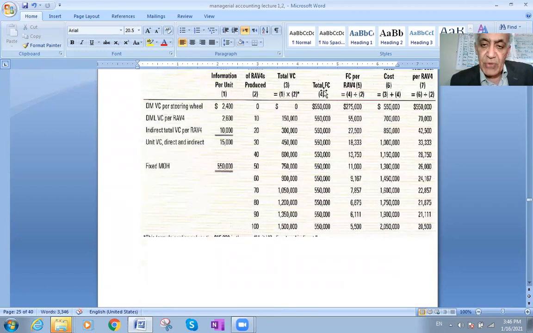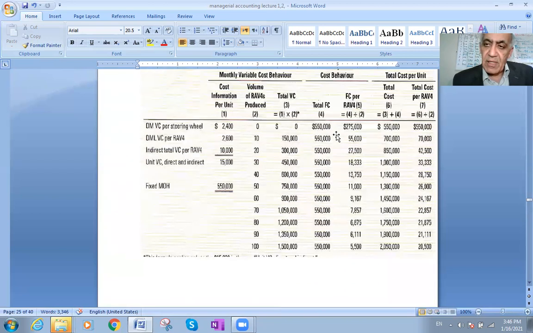The fixed cost, we said, is 550,000. Then all the rest of the column is 550,000 because it does not change. You will pay it either you produce or you don't produce, in all cases. So this is the fixed cost.